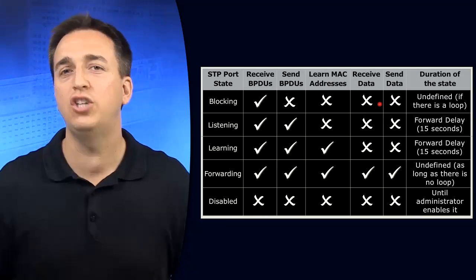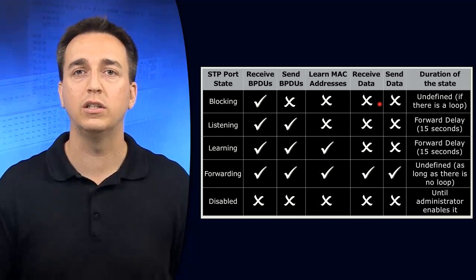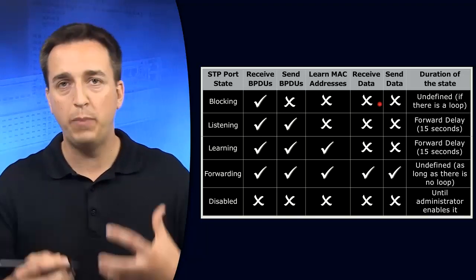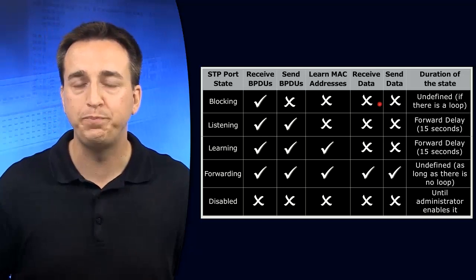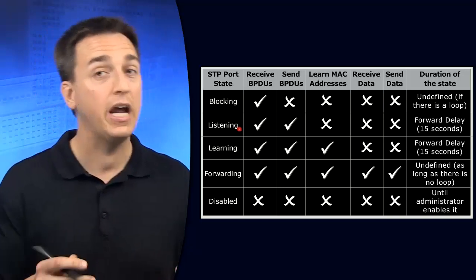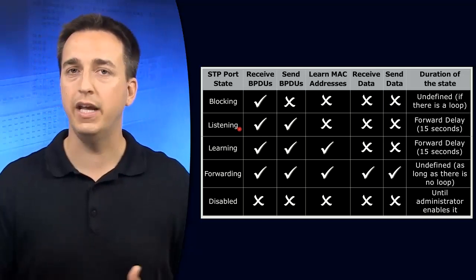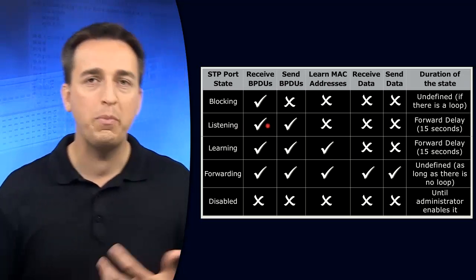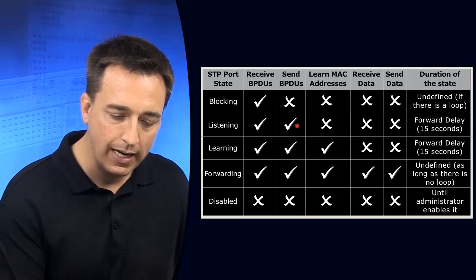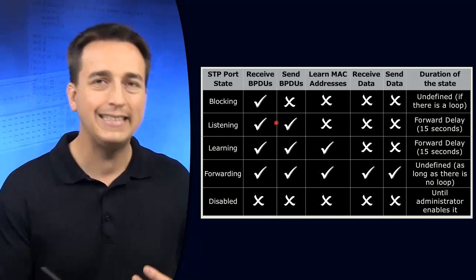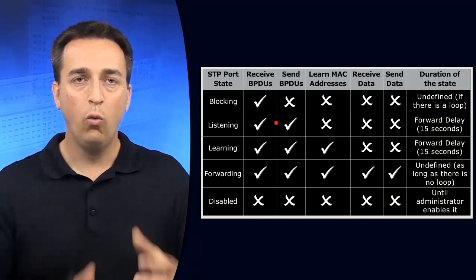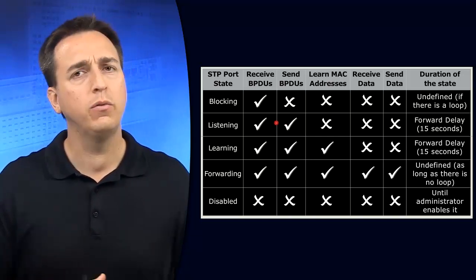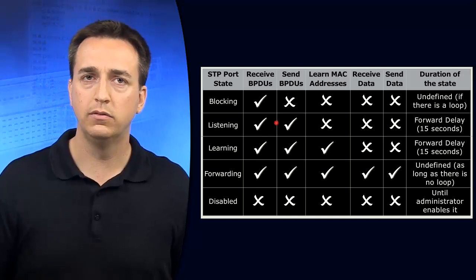But what happens if a change does occur? Spanning tree converges. A link goes down as an example. Well, then spanning tree has to rebuild that topology. So the first transitionary state is listening. What are we listening for? Well, we're listening for BPDUs, but we're also sending BPDUs because we need to determine whether this port that's transitioning needs to be a root port or a designated port.